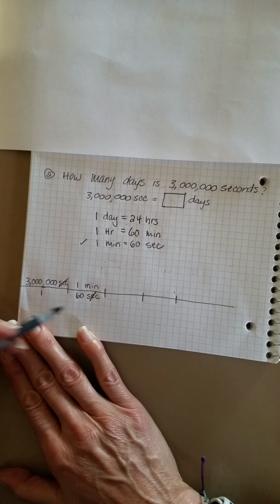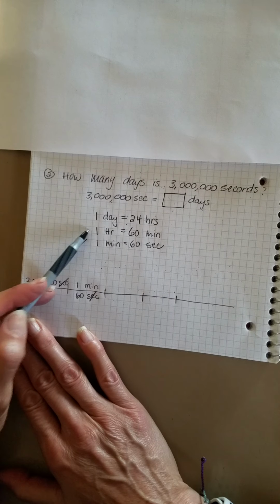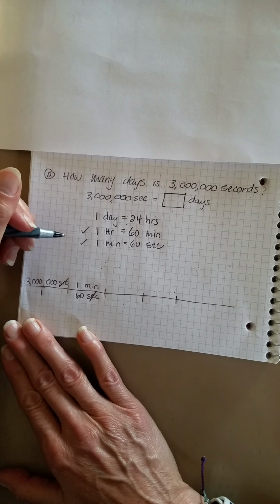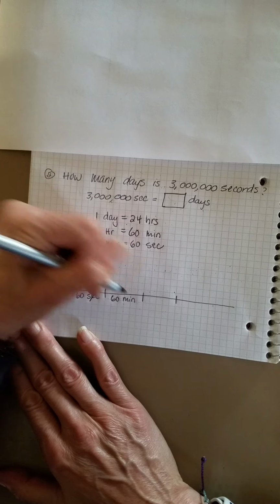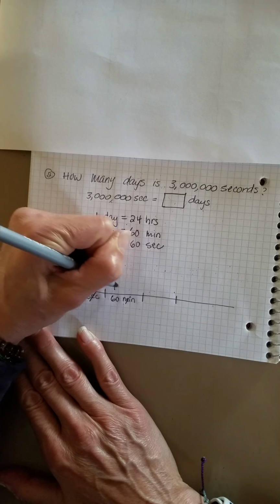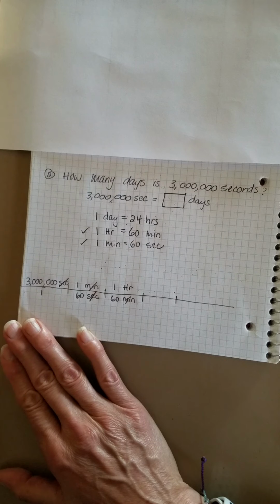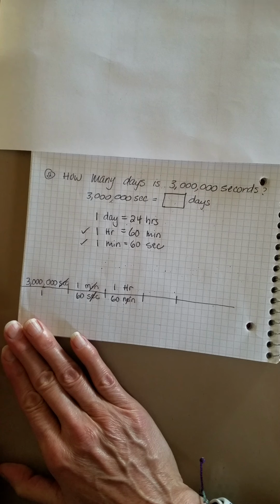Now I want minutes to cancel out, so I need the minutes on the bottom because the units have to cancel out. It's called dimensional analysis, technically.